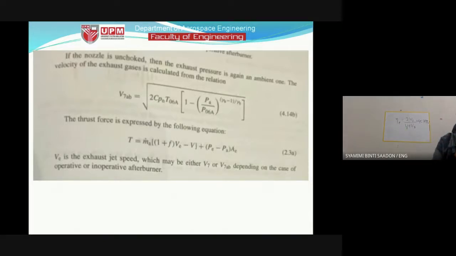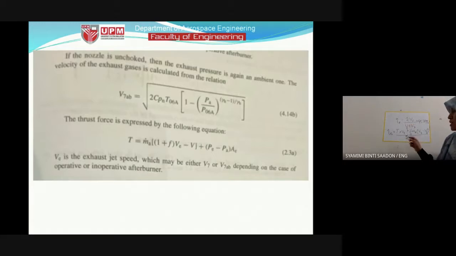And the thermal efficiency: this is T thrust times VF, plus 1 over 2, or 0.5, times M of the jet exit, ME, times V7 minus VF squared, over MF QR. We can calculate MF from the fuel to air ratio times MA.